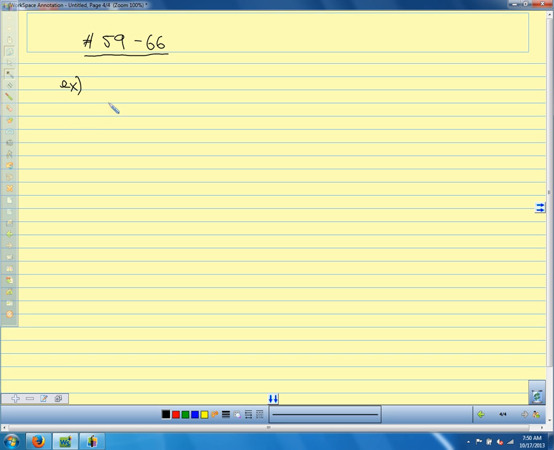One question might say, show that cosine theta times secant theta equals 1. We want to show that this is true. So what I'm going to do is use my identities to rewrite these. My suggestion for these problems is start by writing everything just in terms of sines and cosines.